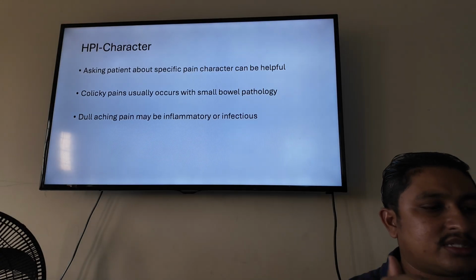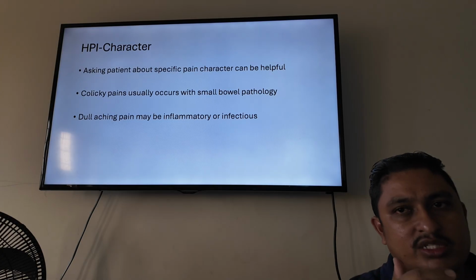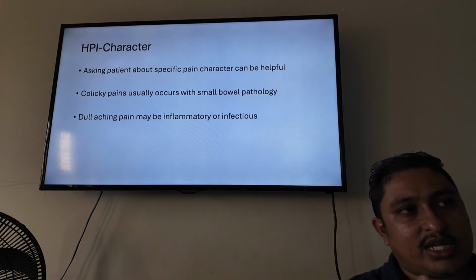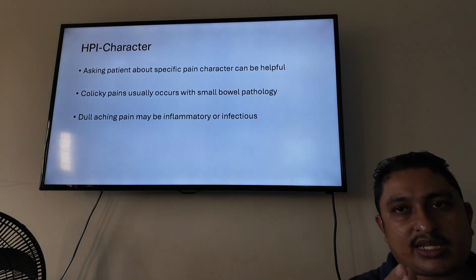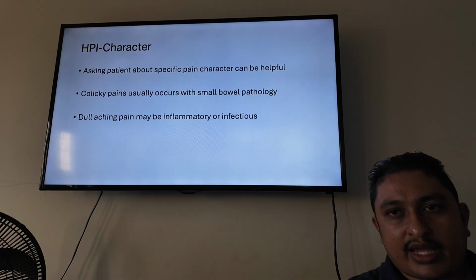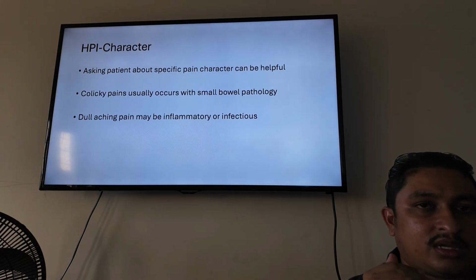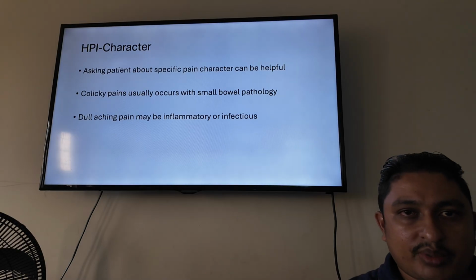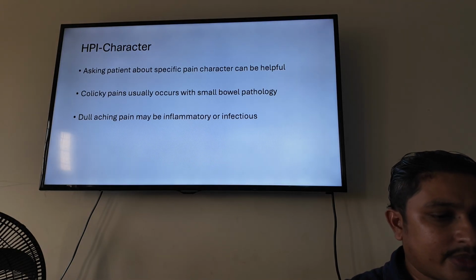Dull aching pain is usually due to inflammatory infections. Patients would tell you that the pain of appendicitis before it becomes localized is very dull. Likewise, patients with diverticulitis would also have very dull, aching pain.